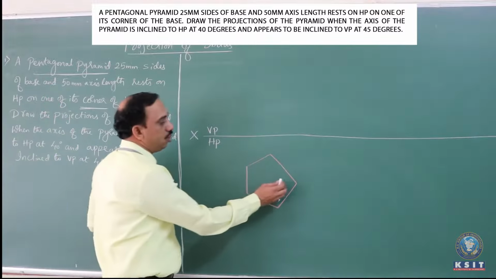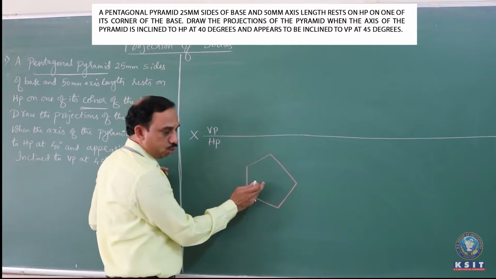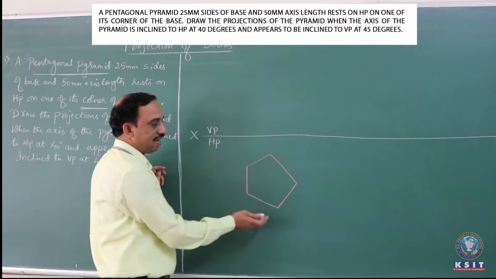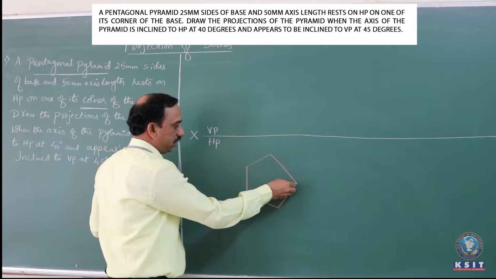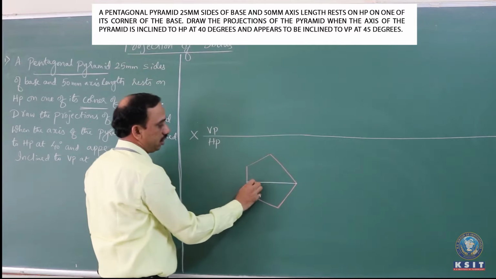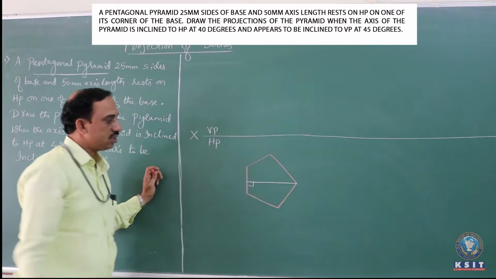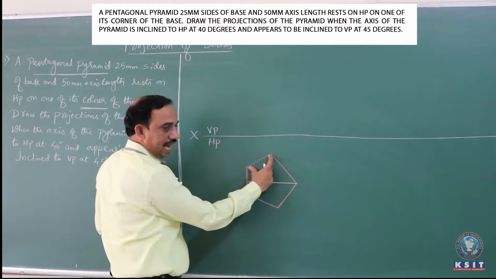So for that, to fix initially the apex, we require to have the center of the pentagon. To draw the center of the pentagon, we should have 2 perpendicular bisectors. One perpendicular bisector is drawn by dropping a line parallel to the XY line. So that this is the perpendicular bisector. Similarly, for the other perpendicular bisector, measure half of the side.